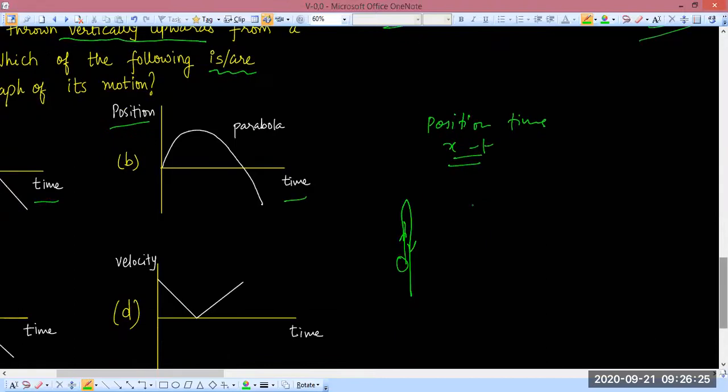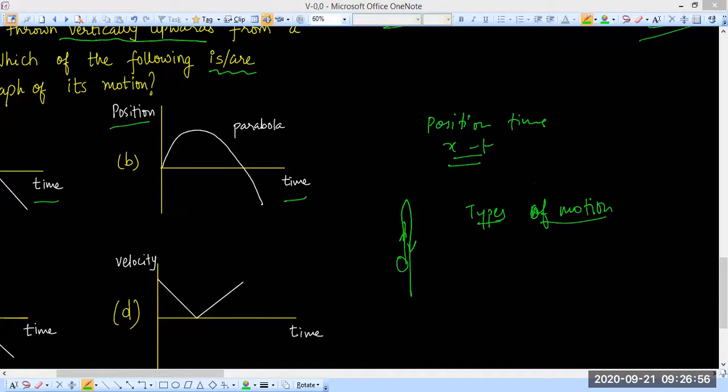You know the types of motion, right? Which kind of motion is this? Give the answer later, first understand the logic. Come on, quickly. Which type of motion is this? Come on people, which type of motion is it?